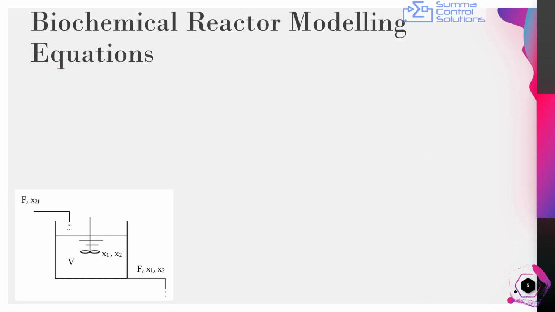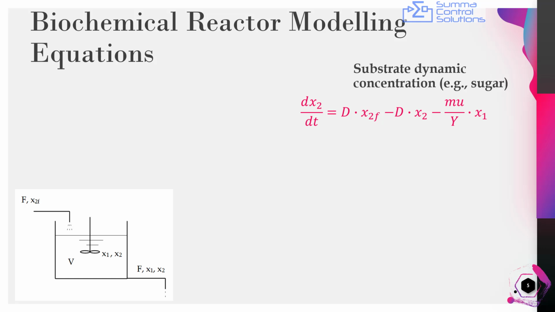The second equation models the substrate dynamic concentration, namely the sugar in our fermentation process. This differential equation is much more complex than the previous one, but still we can read what the different terms are about.